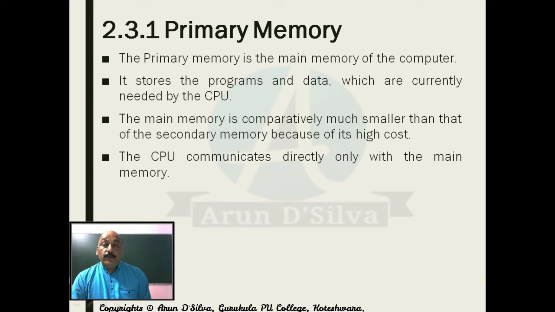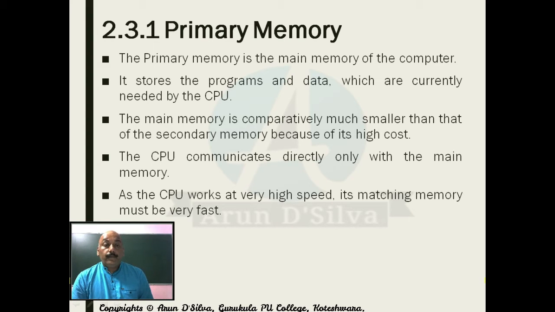The CPU or central processing unit communicates directly only with the main memory. It will not communicate directly with the secondary memory. So that's the reason in the computer the main memory plays the biggest role. As the CPU works at high speed, its matching memory must be very fast.